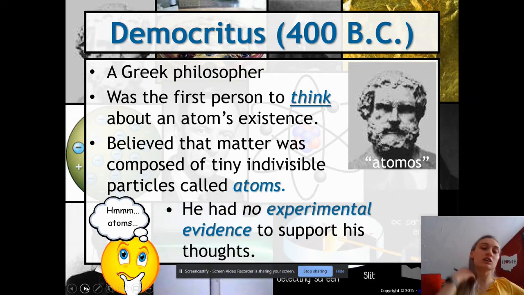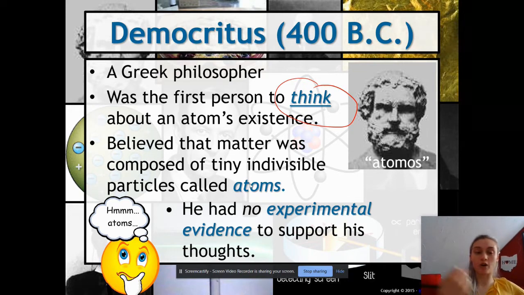So he thought about atoms' existence, and he thought that matter, which we know comes in three forms, is composed of tiny indivisible particles called atoms. The Greek word for that is atomos, and atomos actually means cannot be broken down any further. So he thought that atoms were the smallest thing you can get.